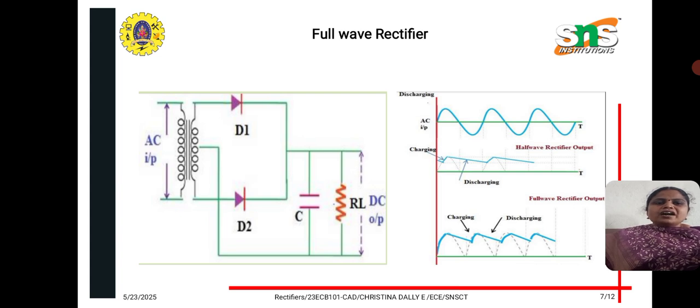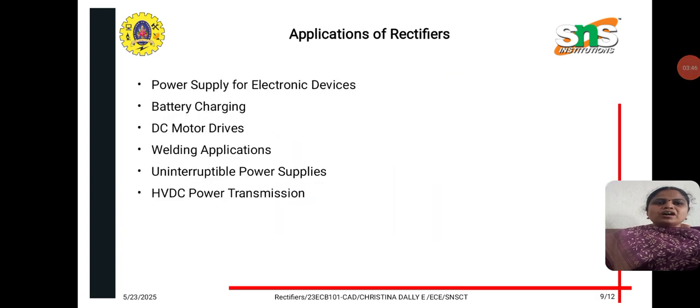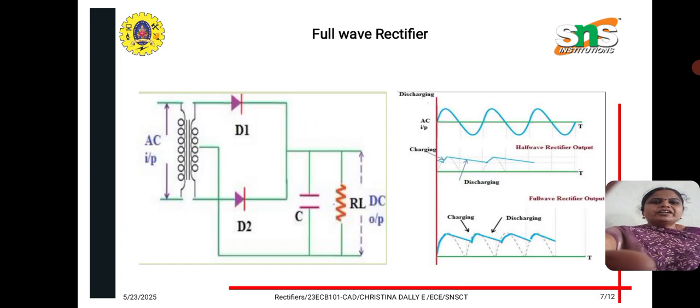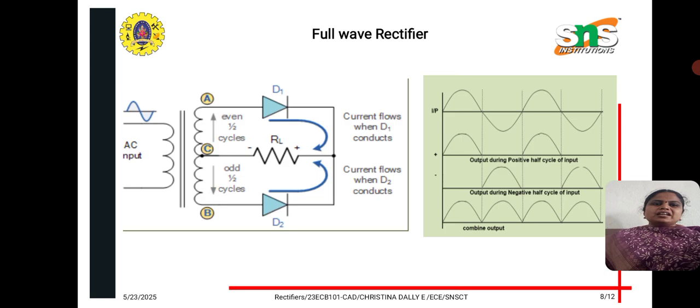When connected to a capacitor, charging occurs, and discharging will occur in the output below. Now we are going to see the full wave rectifier operation. We are connecting the two diodes, D1 as well as D2, and this is the output waveform of the full wave rectifier.